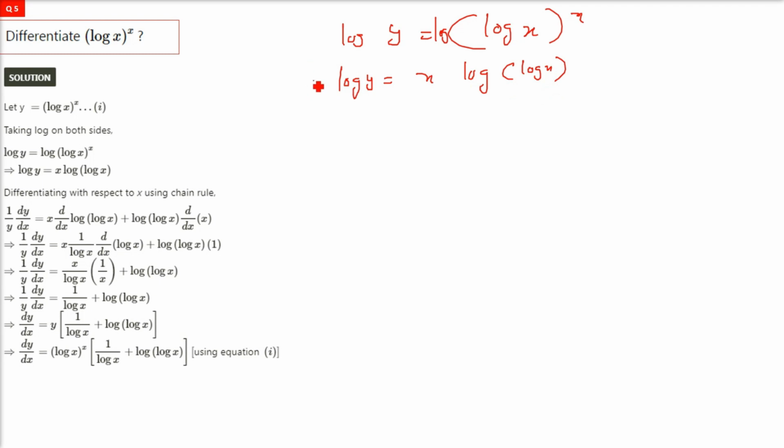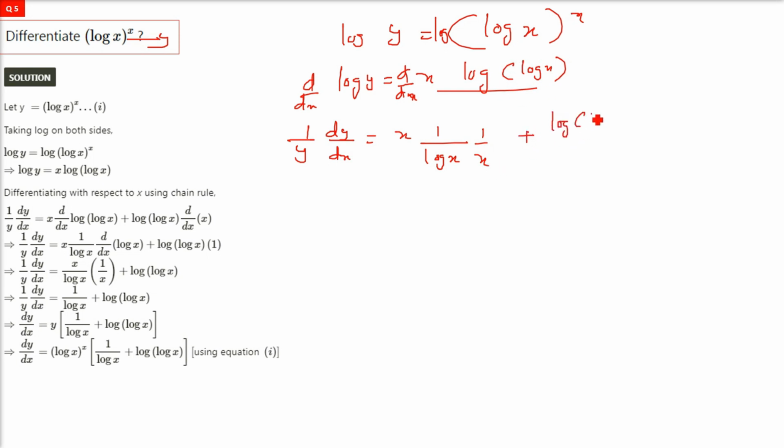Then we have to differentiate. Differentiation of the left side is quite default now: 1 by y dy by dx, that is always what we are using. And on this we are using the product rule for differentiating. So x will come in front. Log of log x is what? 1 by log x. Log of something is 1 by that thing. And log x also we have to do, so it will be 1 by x. Then we have log x, which we have already done, so we'll just keep it like that.